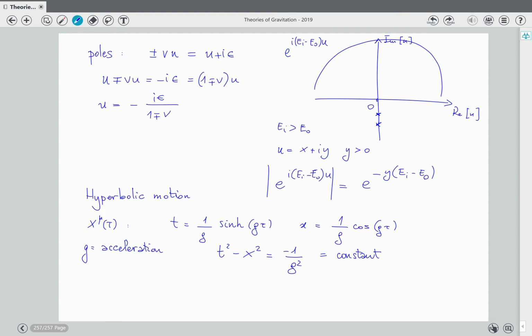Let's differentiate this equation, and you have 2t dt equals 2x dx. Differentiate. So dx over dt is equal to t divided by x, by the same formula, and that's the hyperbolic tangent.